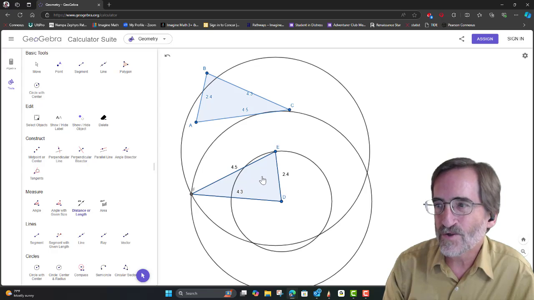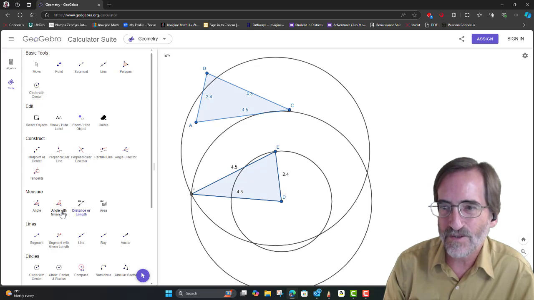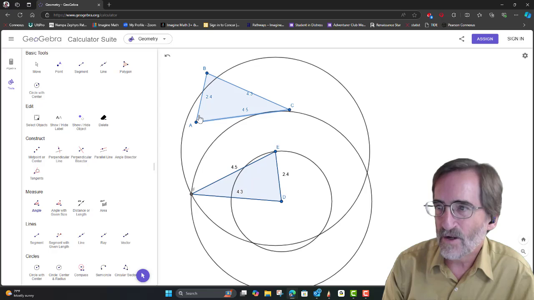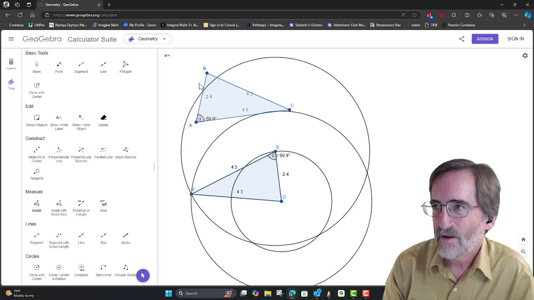Now I want to know if the triangles have the same angle measures. So I'm going to use the angle measurement tool. I'm going to measure angle A by clicking on its 2 sides, 69.9. Now I'm going to measure angle E, and it is 69.9. So A corresponds to E. I'm going to measure angle B, 78.5.